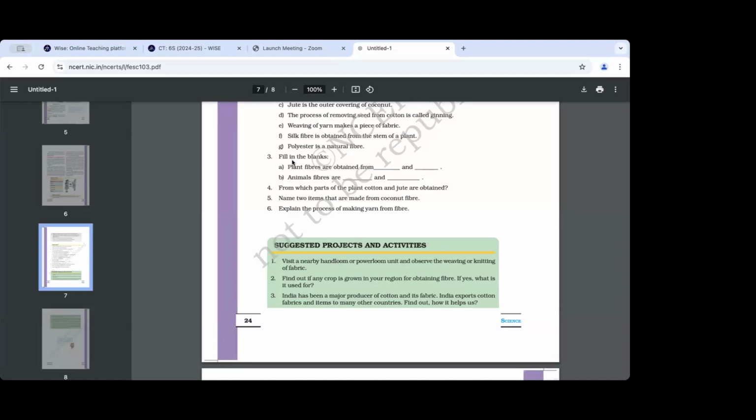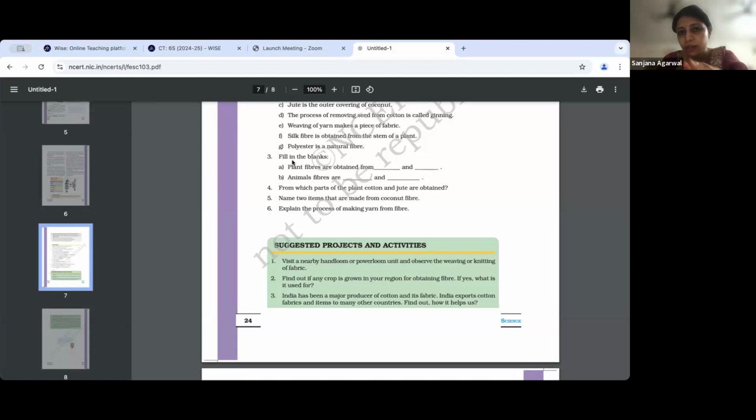And fruit. Wait a minute. Plant fibers. I think the answer can be cotton and jute. Let me think of it.